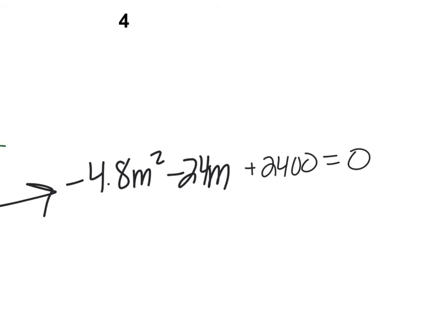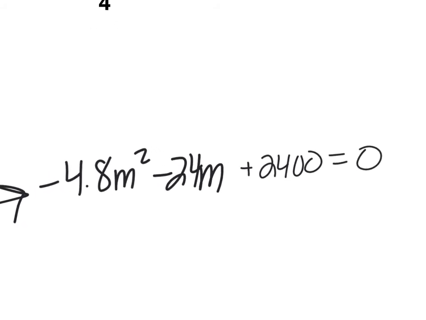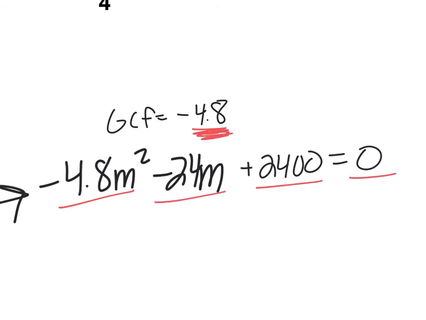All right, now this is kind of ugly to factor. You could do the quadratic formula right away, but there is a GCF here. You can divide all of these by negative 4.8. Now in this case, because we're only dividing by a number, not by a variable, we can just divide everything because we're not dividing off an answer.